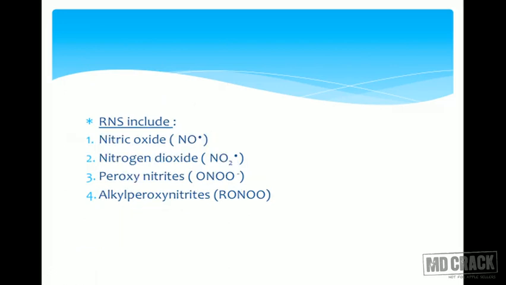Now let us go on to RNS, reactive nitrogen species. We include nitric oxide free radical, nitrogen dioxide, peroxynitrites, alkyl peroxynitrites. I have just shown the symbol in each of these, but you need not remember any of them. The characteristic features of these reactive oxygen species or RNS are that they are extremely reactive.